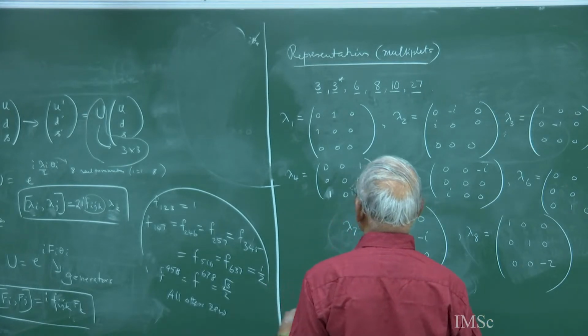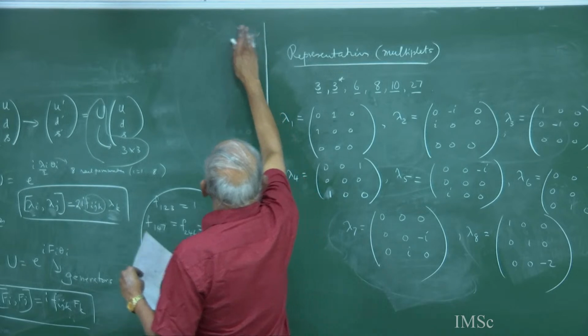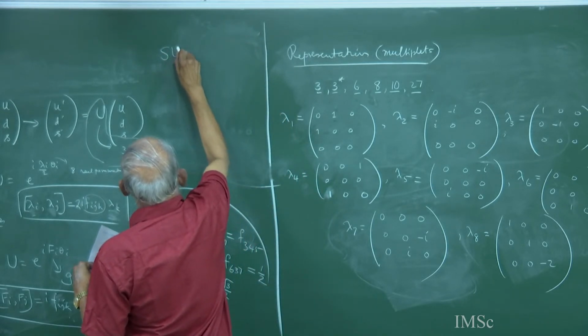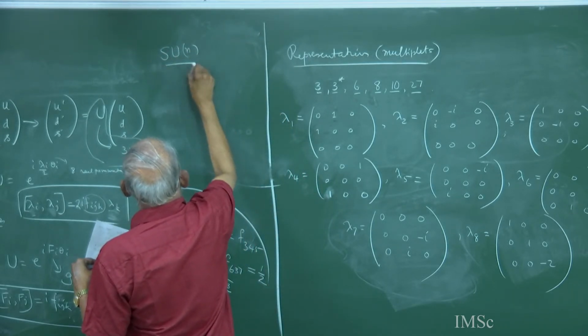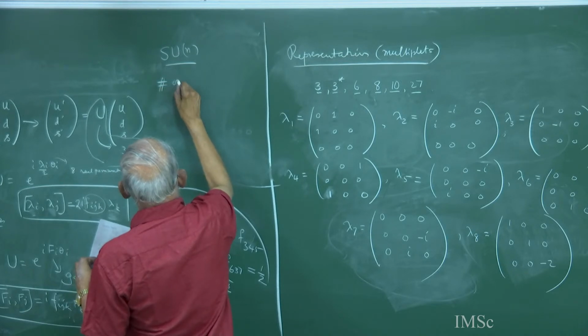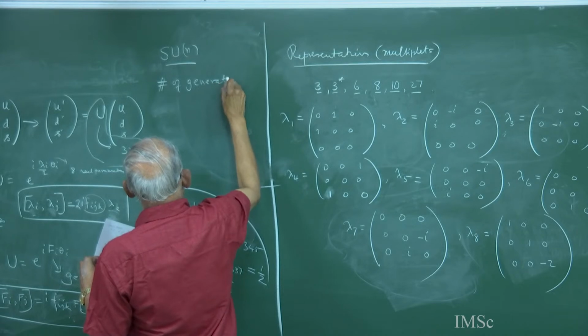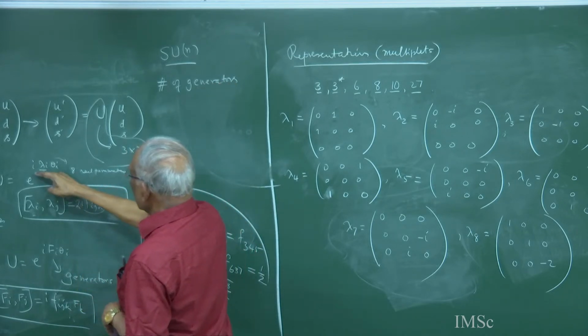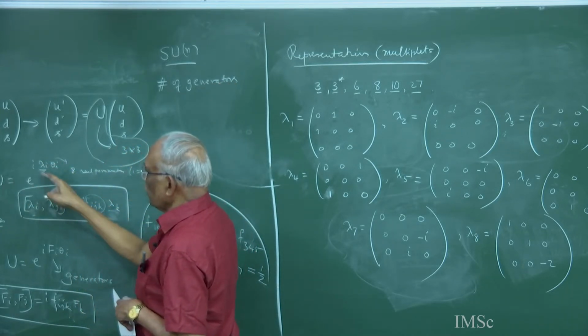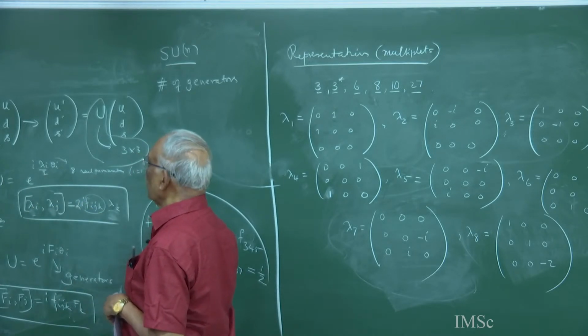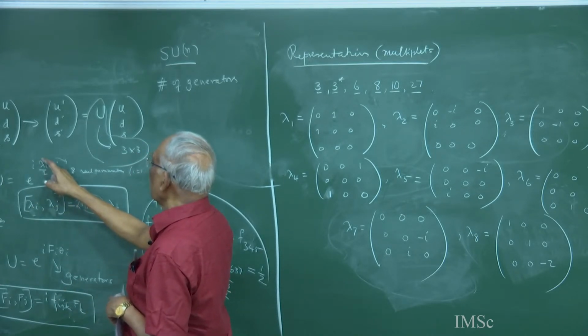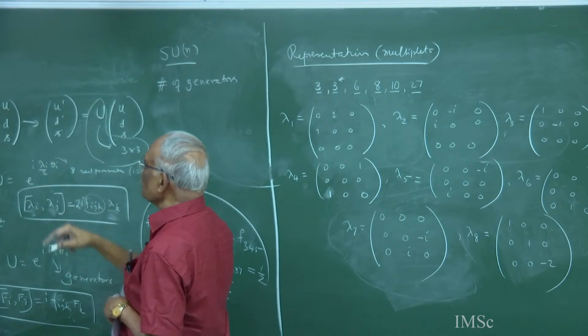For SUN, let me write down SUN. Number of generators: how do you work it out? Remember, these have to be Hermitian traceless matrices.